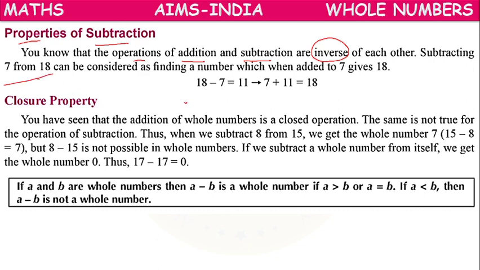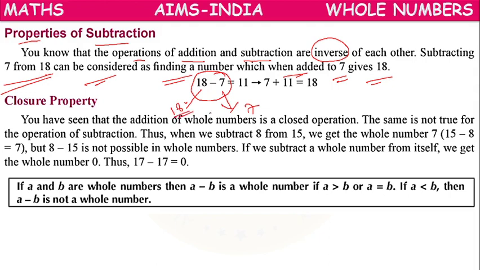Subtracting 7 from 18 can be considered as finding a number which when added to 7 gives 18. What is the question here? Subtracting 7 from 18, that is 18 minus 7. This means we are subtracting 7 from 18.